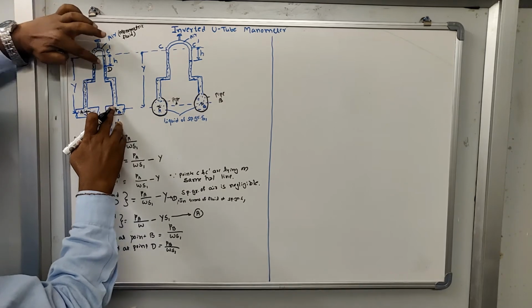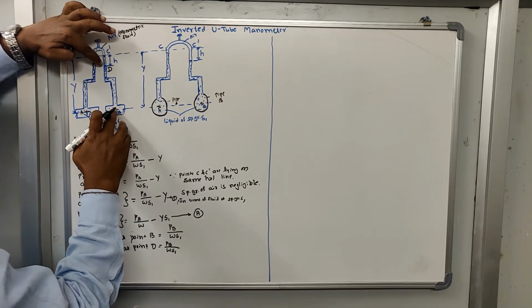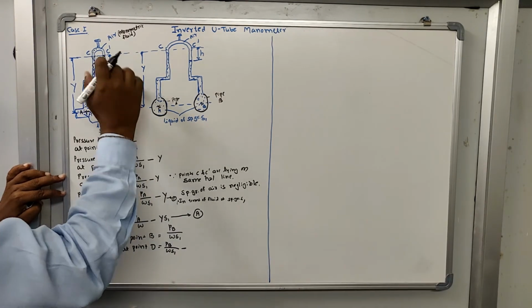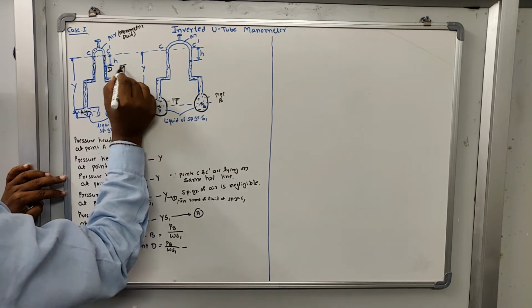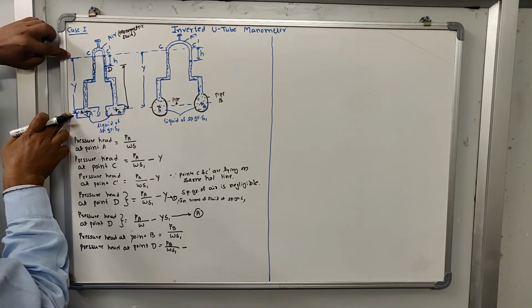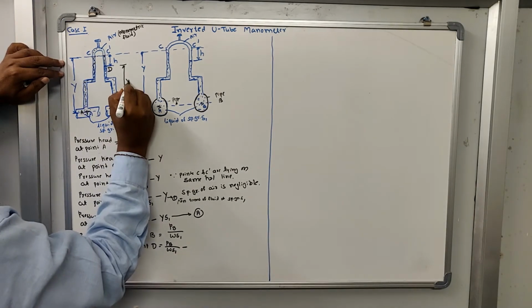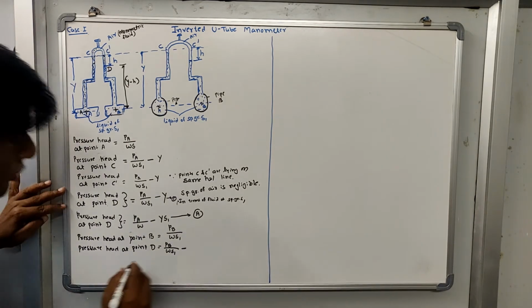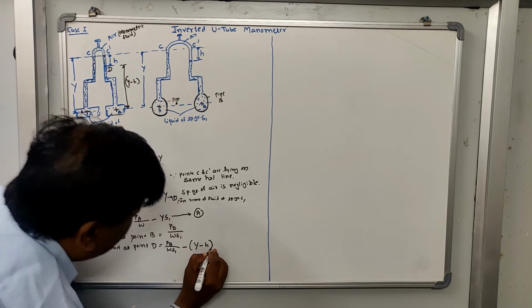See the next point D, it is lying above the point B, so you can make use of a minus sign plus this height. Okay, this height is equal to what? This total height is Y and this height is H, so this height is Y minus H.